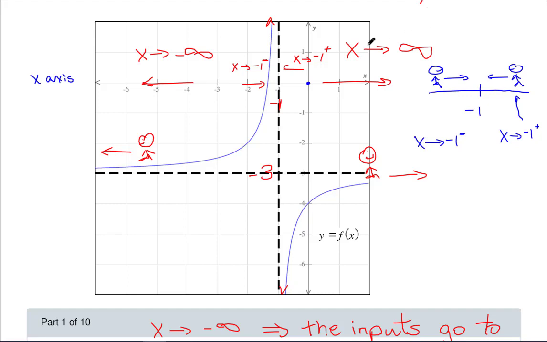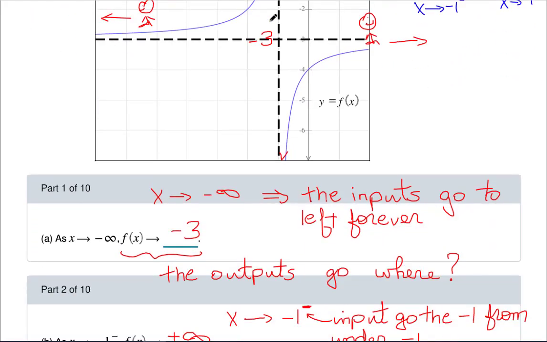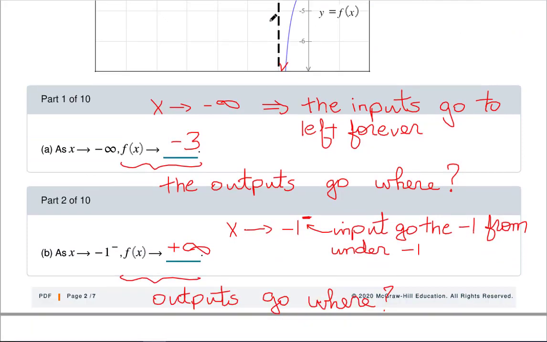What about the other side? As I'm coming in this way from underneath -1, the graph is running off to +infinity. And so we collect all those pieces of information together: it's leveling off to -3, running off to +infinity as we come in from the left, from underneath -1.